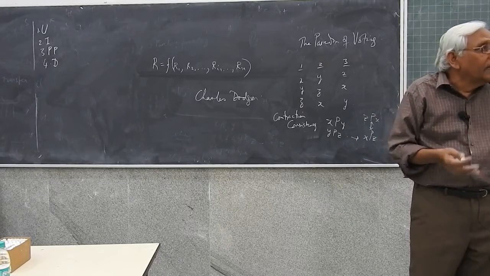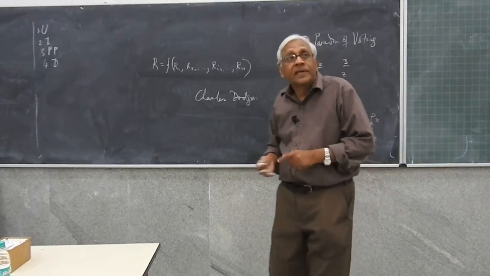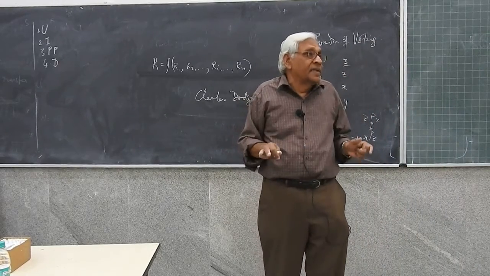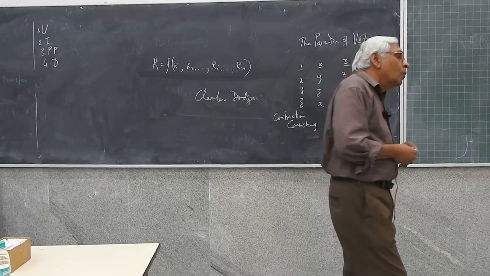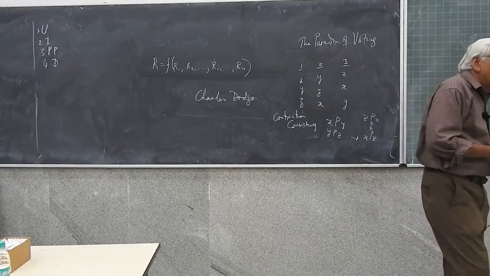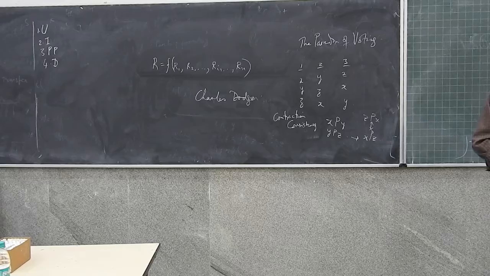In other words, you're ruling out the possibility of dictators emerging in this exercise of preference aggregation. We're saying there should not exist any person who is a dictator. And by a dictator is meant an individual whose preference over any pair of alternatives will always prevail, irrespective of what the preferences of other individuals might be over that same pair of alternatives.